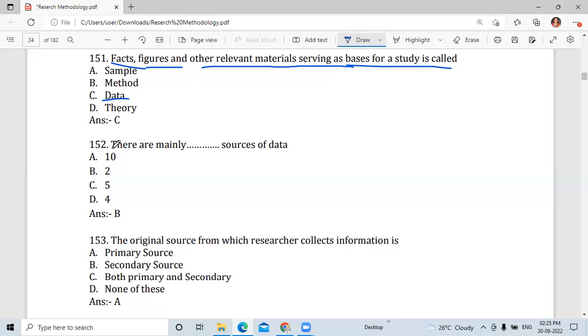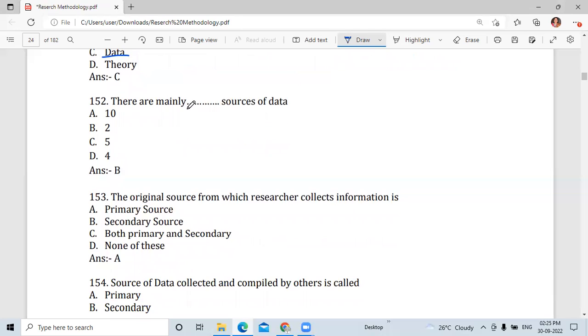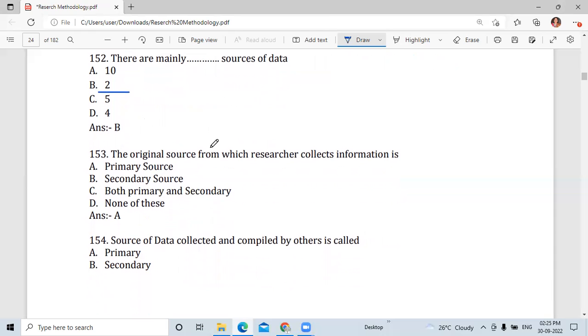That is called data. Next, there are mainly dash sources of data. So how many sources of data are there? Mainly two sources of data.